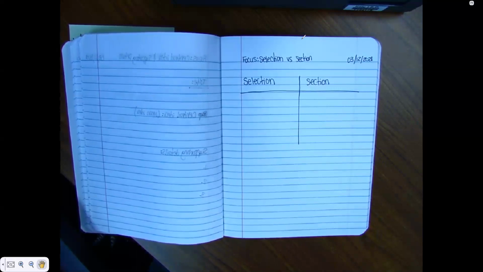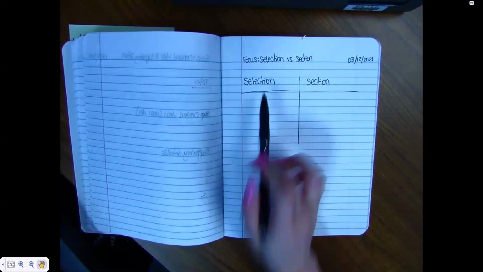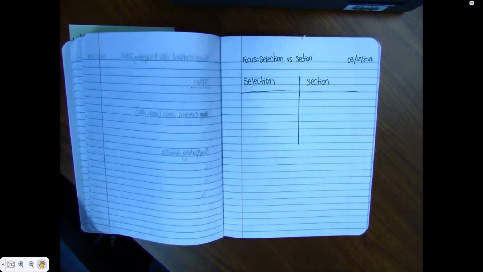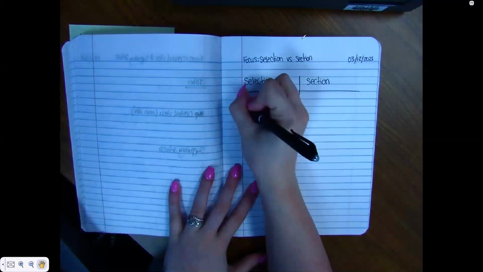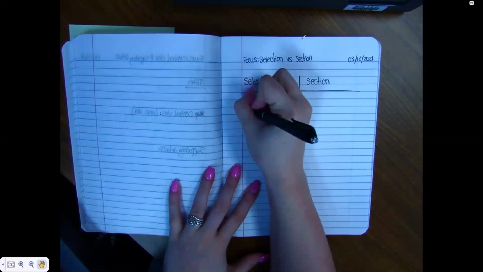All right. Selection. What should I put? Think about what we just talked about. What's one of the first things I should put under my T-chart for selection, Aiden? What should I put under there? So for selection, you could put the whole story. I'm going to write whole story.